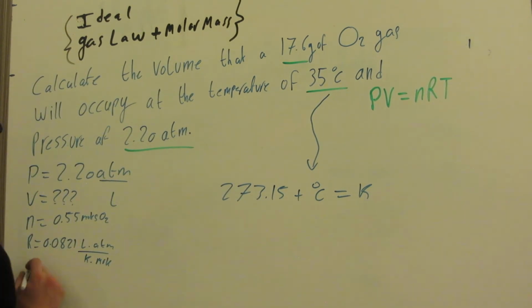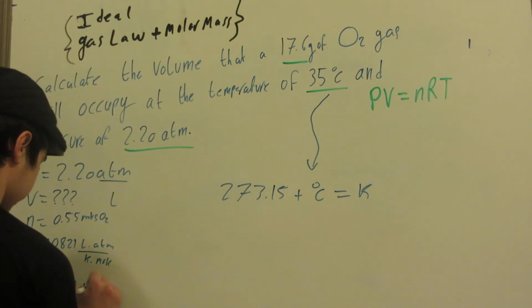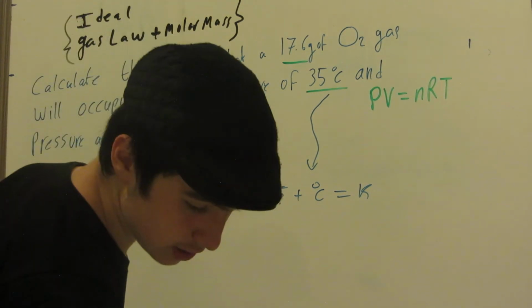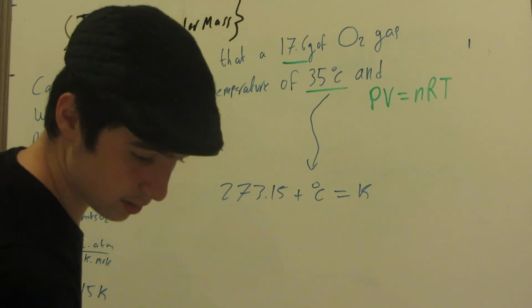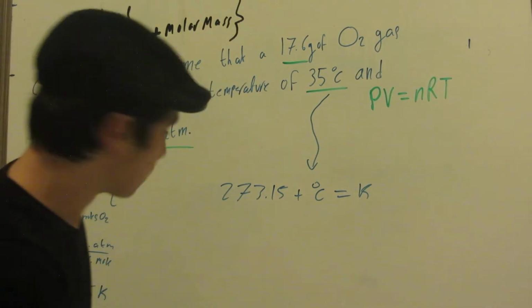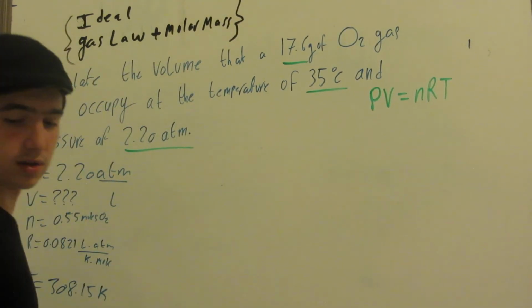So T equals 308.15 Kelvin. Alright, great. Let me check if the math is right. Nothing's wrong. Great, so we got the known values. Now let's start solving for the unknown.